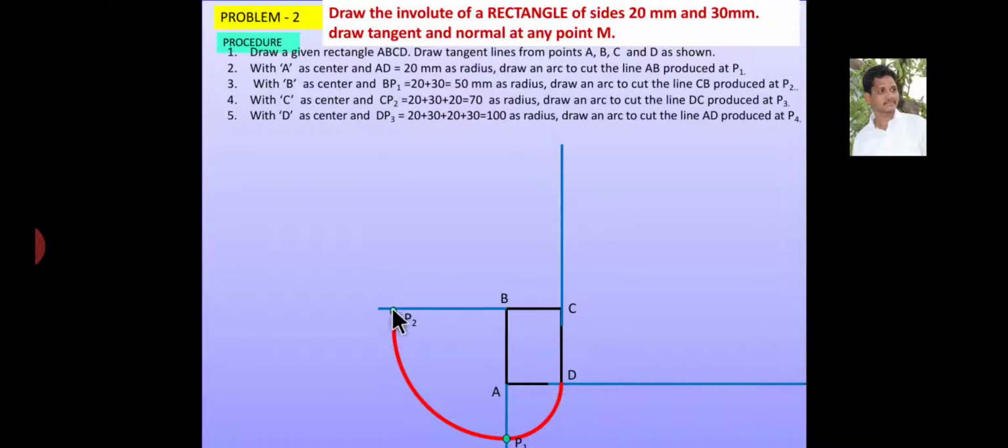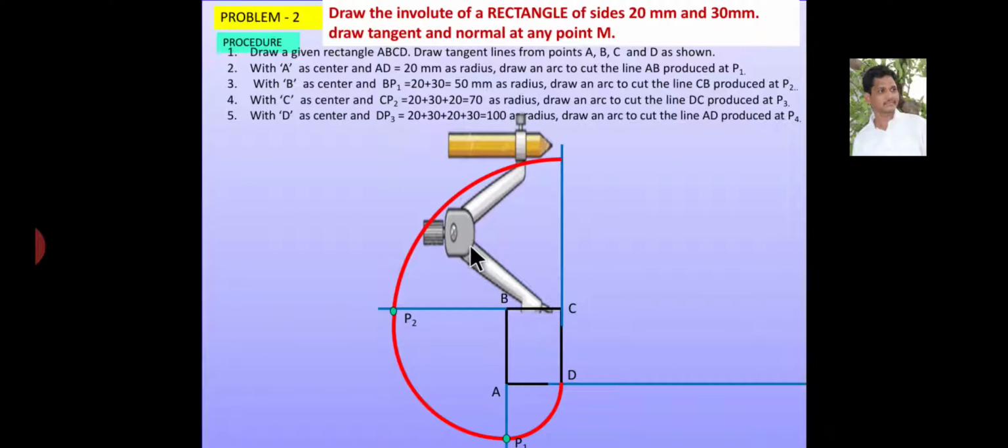Similarly, C as center and radius equal to CP2, draw an arc to cut the line CD produced at point P3. Similarly, D as center and radius equal to DP3, to cut the line AD.